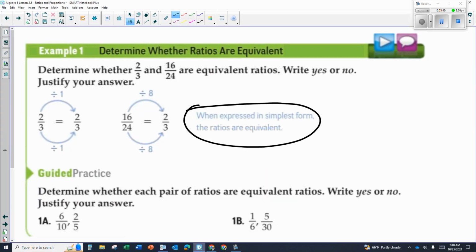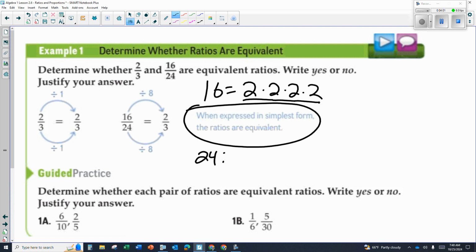Another way to do that is to actually write 16/24 as a product of its prime factors. So in other words, the prime factorization of 16 is 2 times 2 times 2 times 2. 2 times 2 is 4, 4 times 2 is 8, 8 times 2 is 16.